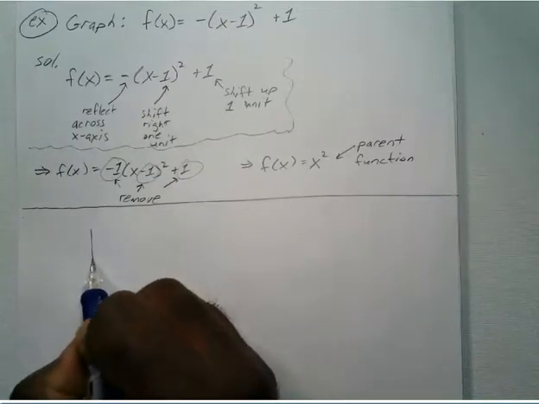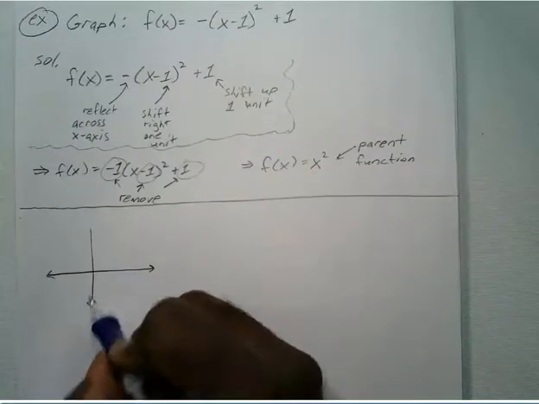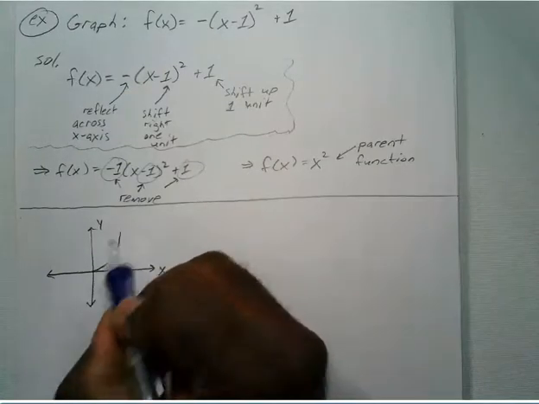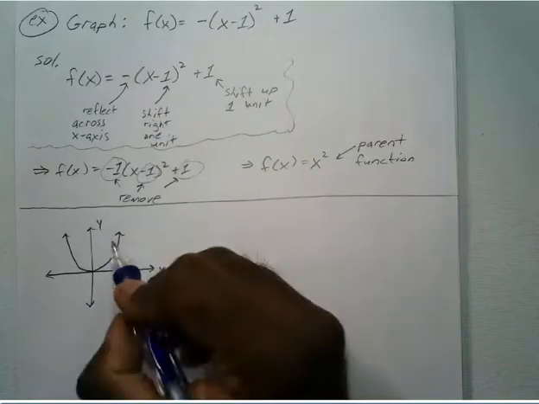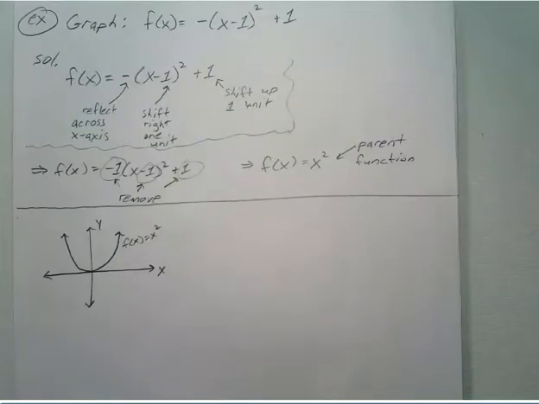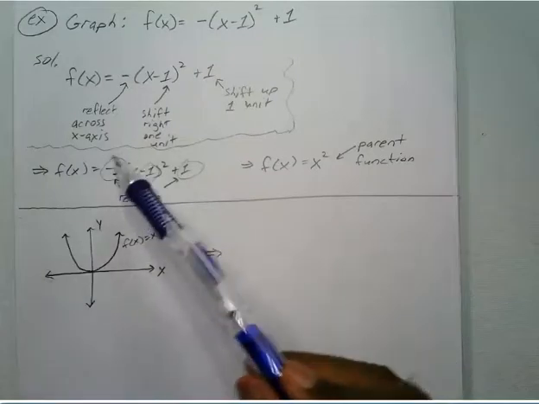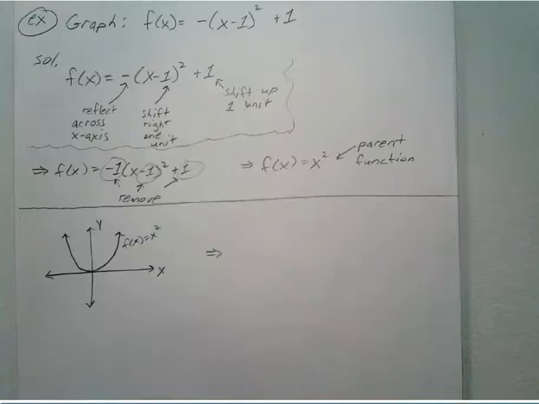Okay, so if we draw our X and Y axis, remember this is our f of x equals x squared. Okay, so now we see here that we can do any one of these first. As long as you do all three, it doesn't matter which one you do first.